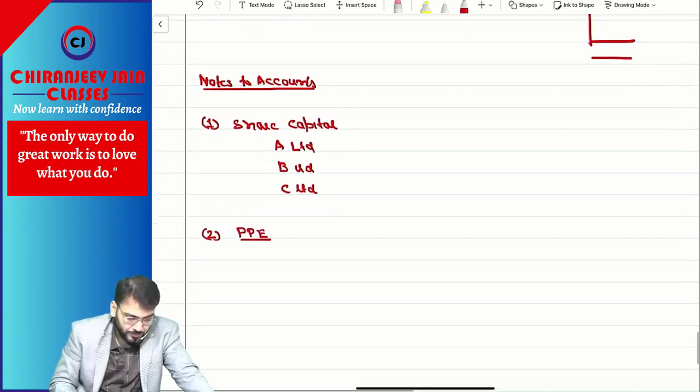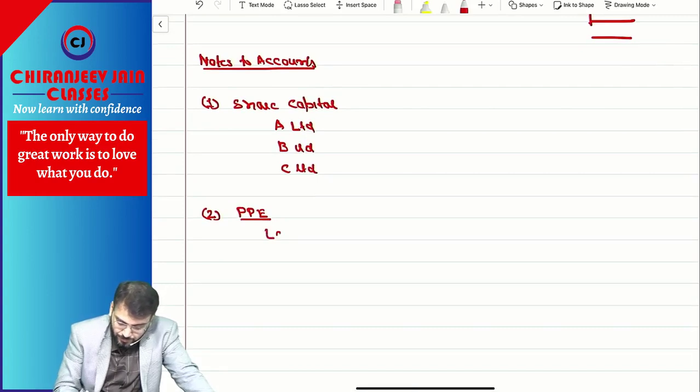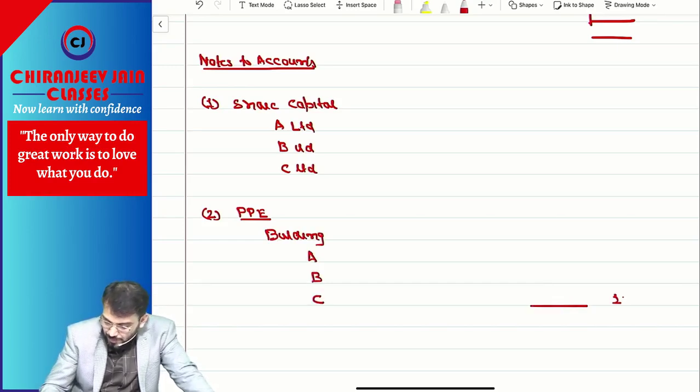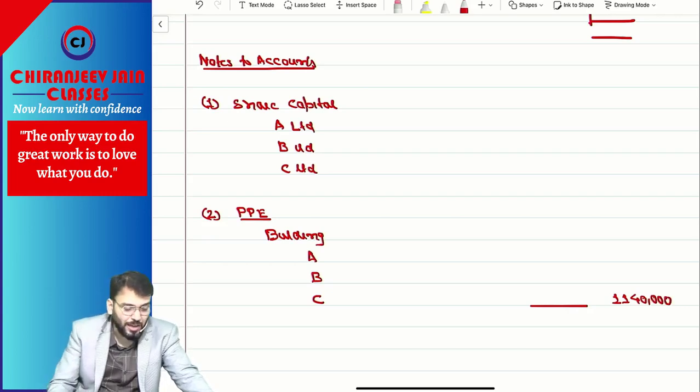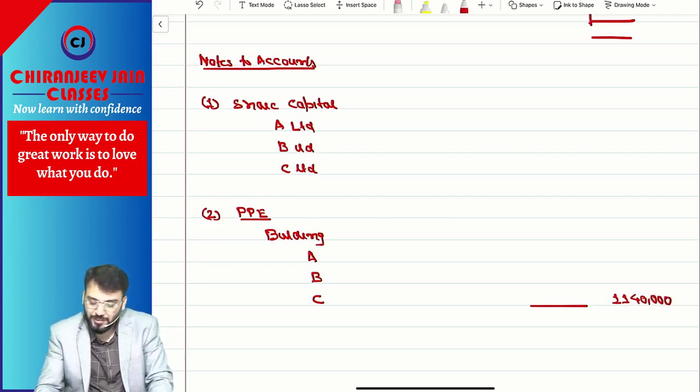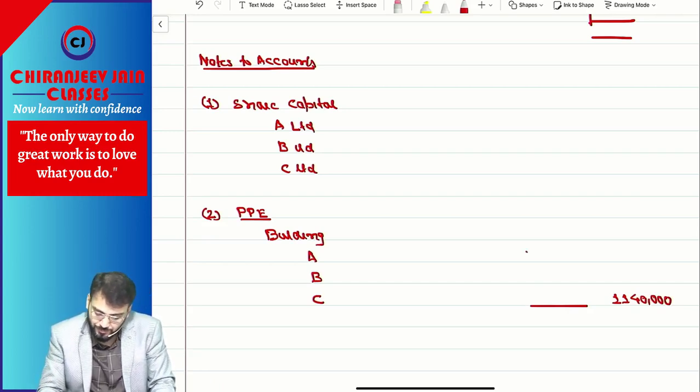First is building. Building after depreciation is coming how much? 11,40,000. What is the ratio given for allocation? Equality. So can you divide in 3? 1 by 3? 3,80,000. Understood?